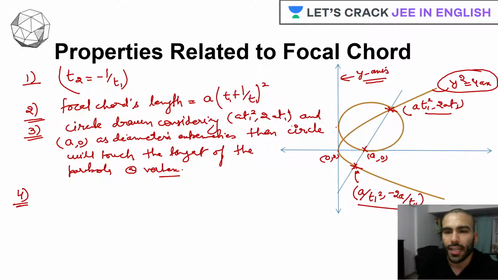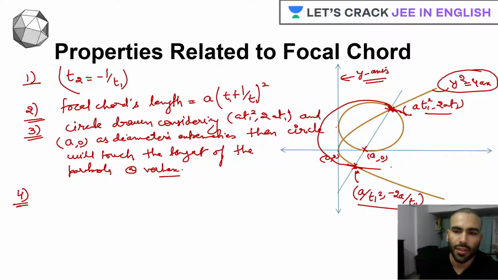There is one more property. If you consider this point a t1 square comma 2a t1 and the other point of the focal chord on the parabola as the extremities of a diameter and draw a circle, that circle will certainly touch the directrix of this parabola. So again the same statement, but the diameter's extremities have changed.